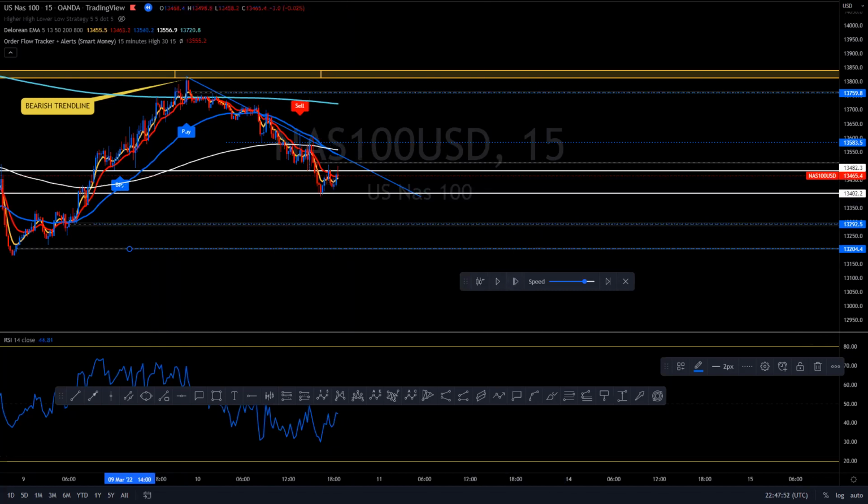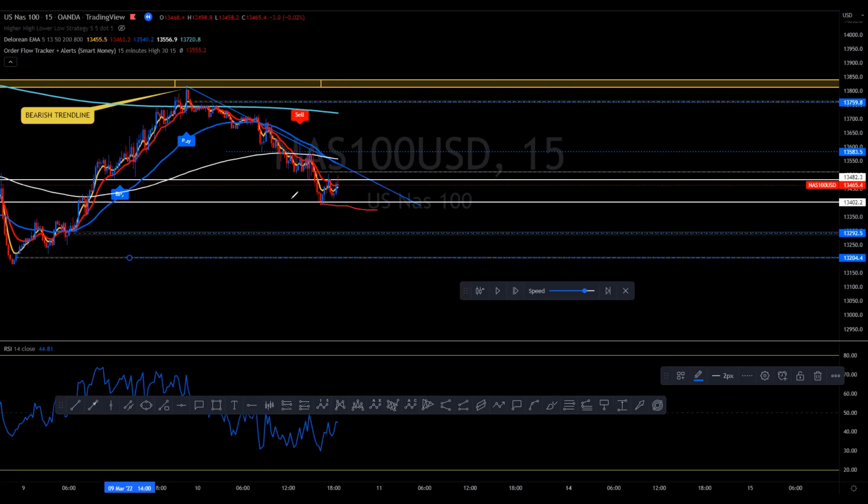And here's one thing we got to keep in mind. They did come down and mitigate half of this area here. So they may say to themselves, you know, we sold this off, so let's go ahead and just buy it up and take out this imbalance gap and then worry about this later.